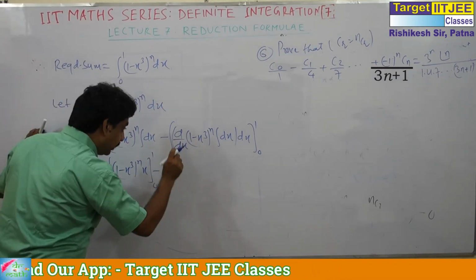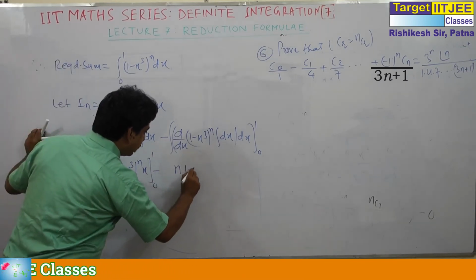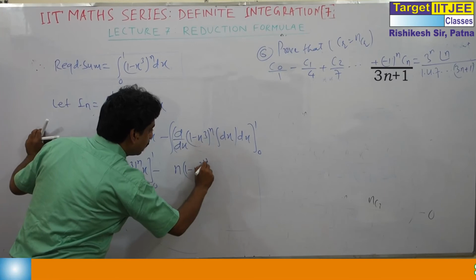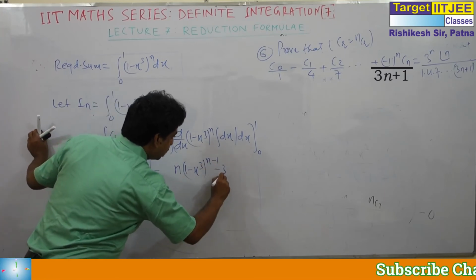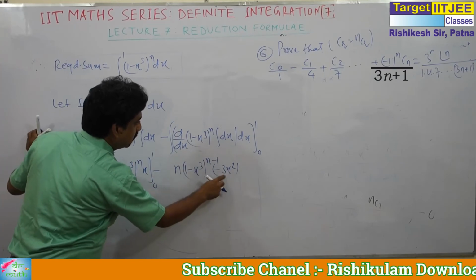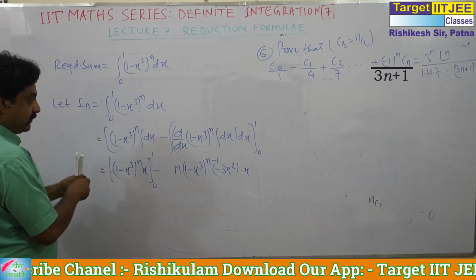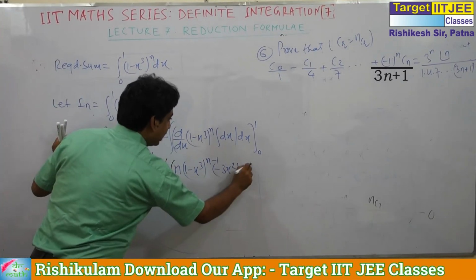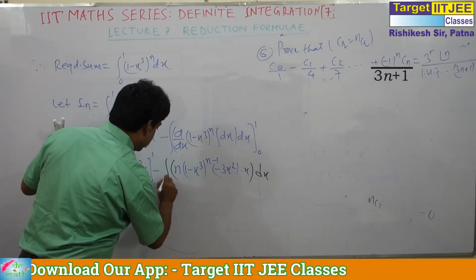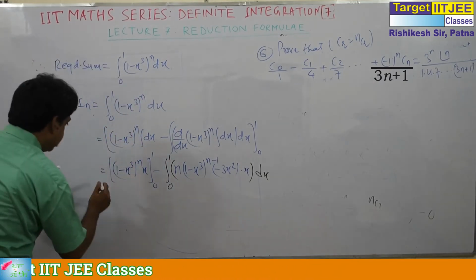Very careful. This is n (1 minus x cube) to the power n minus 1 into minus 3x square, differentiation of this with the chain rule, minus x square into x. This is done. This is the integration sign and this is dx, 0 to 1.